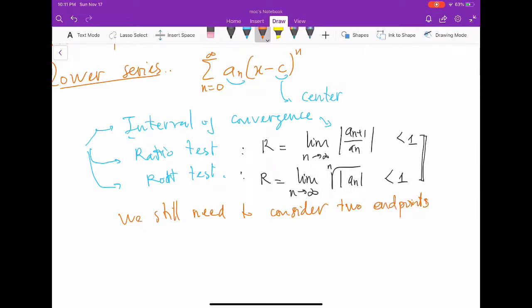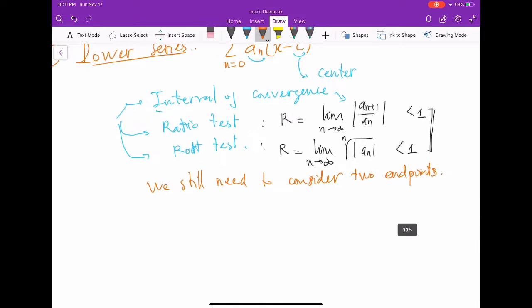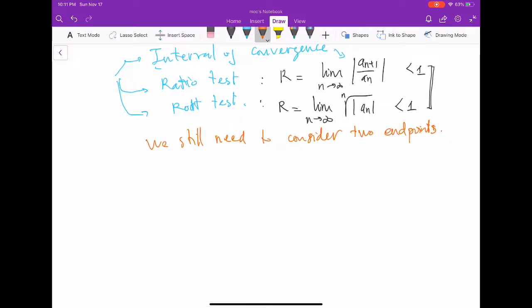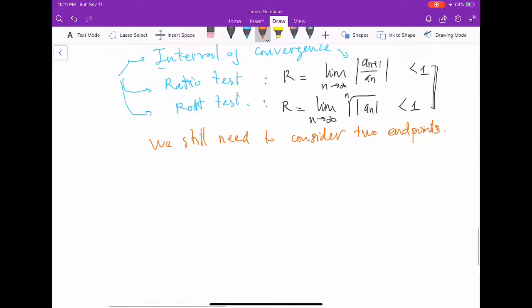Okay, let's consider the following example, and then we'll see how that works. Let's consider the series of 7 to the n, (x minus 1) to the n, over n. Sorry, here I have x minus 1, and n goes from 1 to infinity.